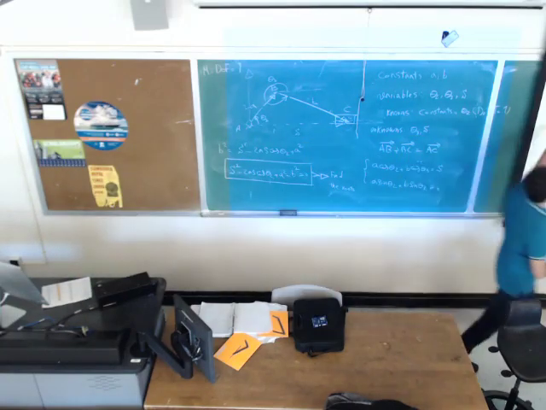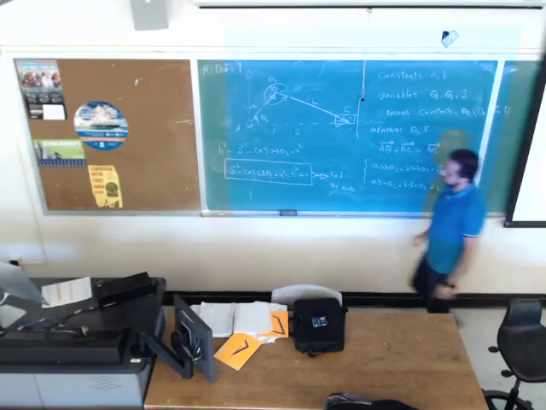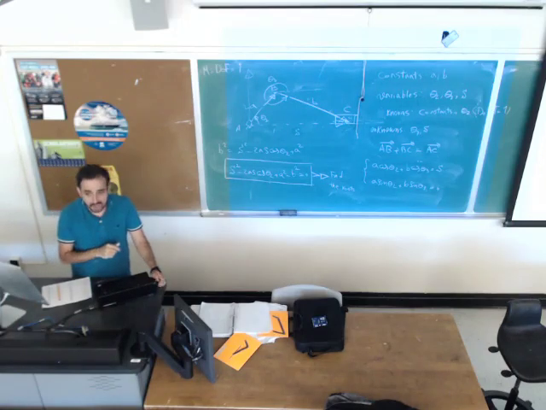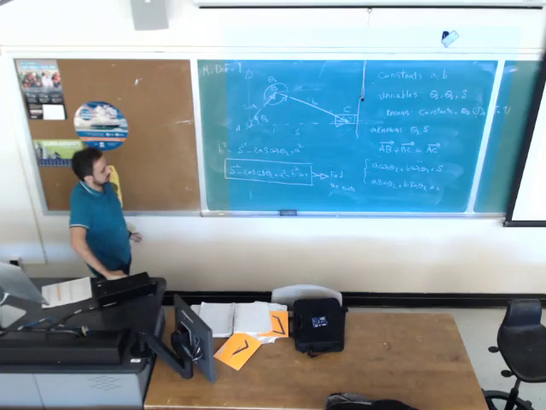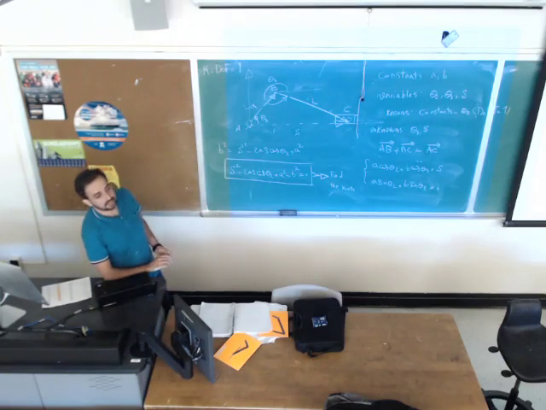S squared minus 2as cosine of theta 2 plus a squared minus b squared. Any question on this?